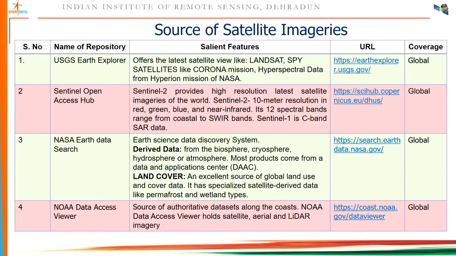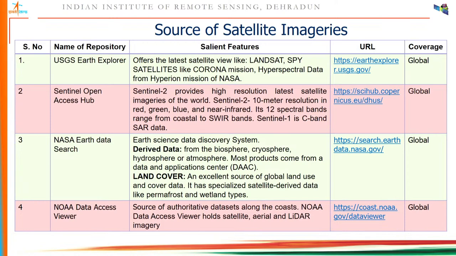Another data repository is NASA Earth Data Search, which provides the Earth Science Data Discovery System, with derived data products from the biosphere, cryosphere, hydrosphere, or atmosphere. Most products come from the Data and Application Center of NASA, and they offer land cover information as an excellent source of global land use and land cover data.